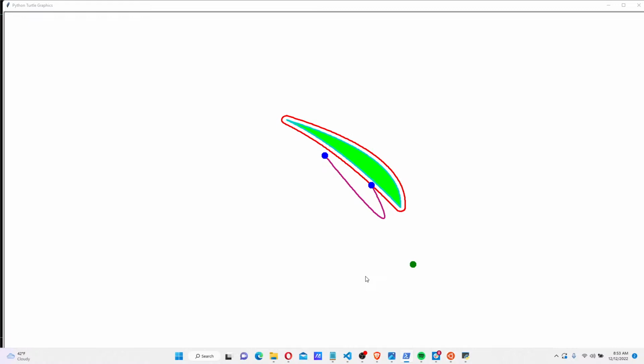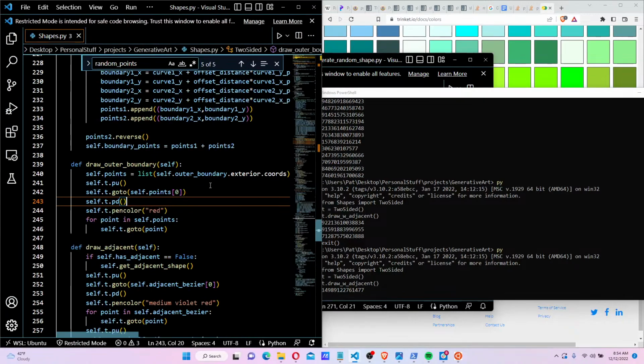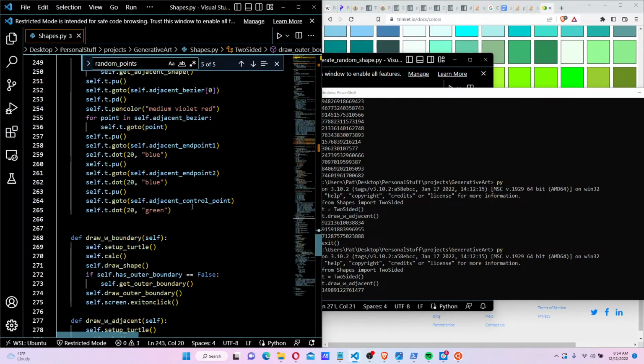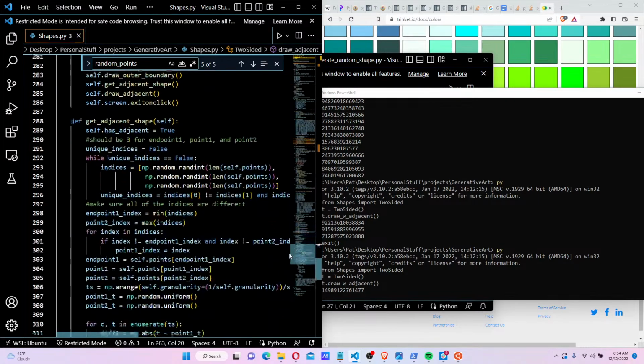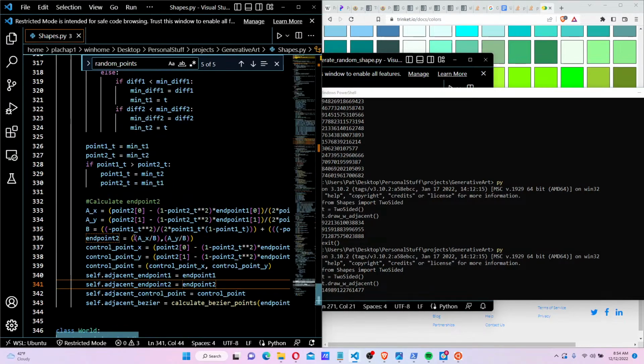So where does it get that second endpoint from? Second endpoint. Draw adjacent. Okay, so adjacent endpoint 2. A sub x over b. Okay.